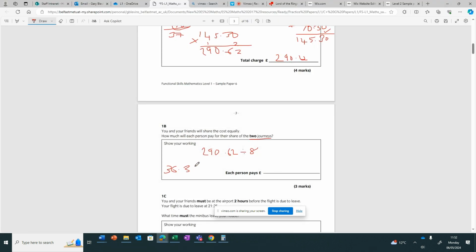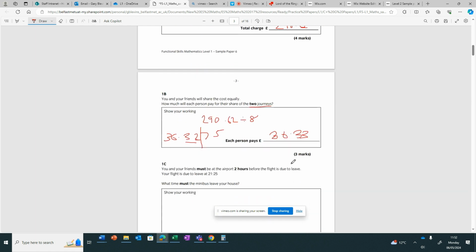Well, what do you give as an answer? We could go for £36.32 or £36.33. I'm going to go for £36.33. Our money stops after the second number after the decimal point. So this bit is closer to 100 than it is to 50. So I'm going to go for £36.33.